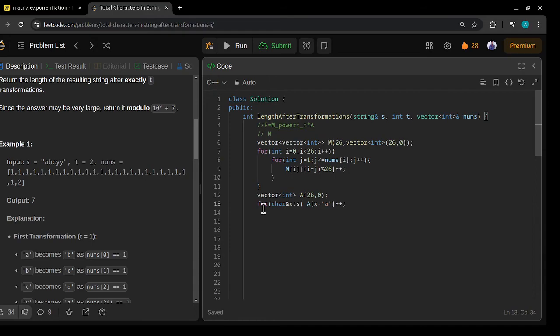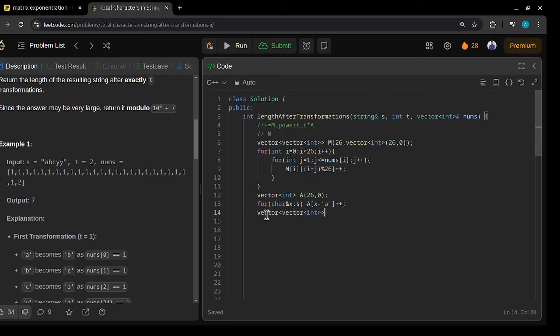So effectively I am making this A array and matrix M, and let us calculate the power of that matrix.